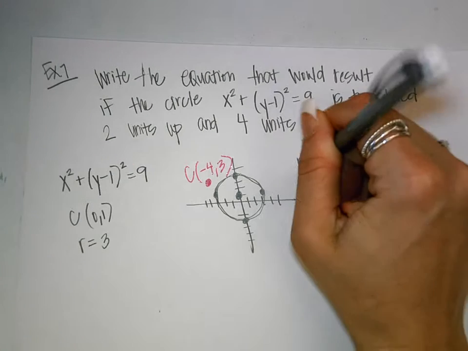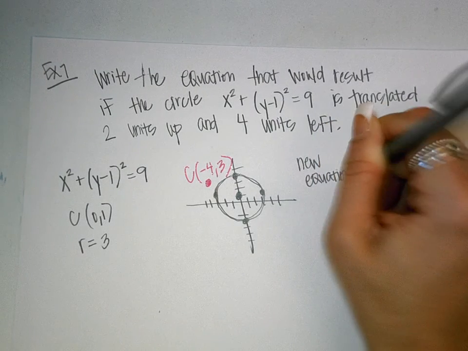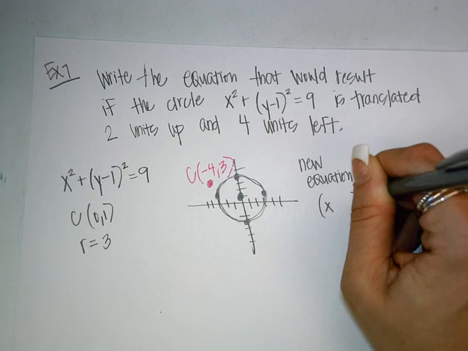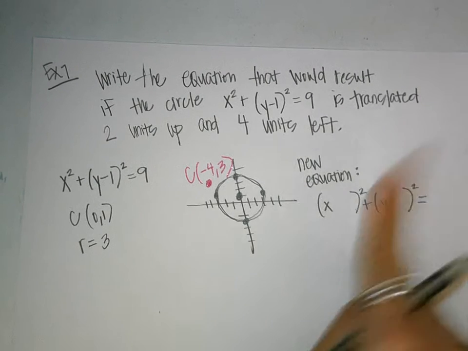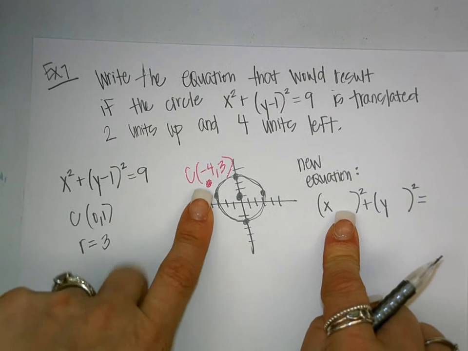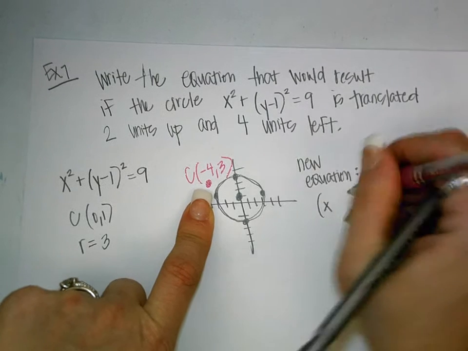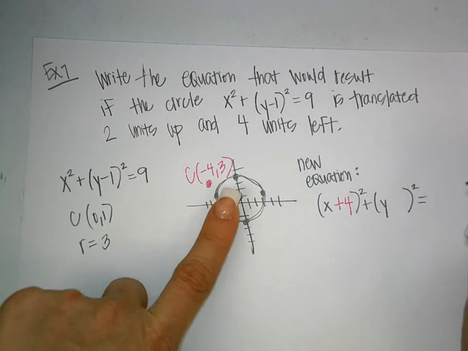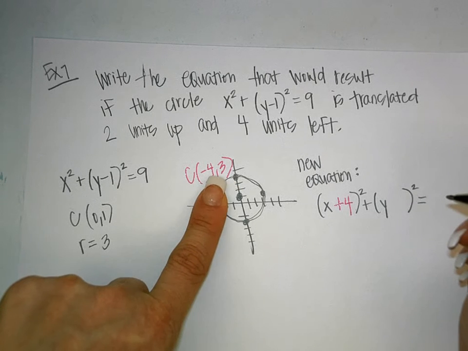So all I'm really concerned with is writing this new equation. Once you figure out where the new center is, you just write the new equation. Something goes inside with the x, something goes inside with the y. What goes in with the x now? A +4, because you change the sign. What goes inside with the y? −3.